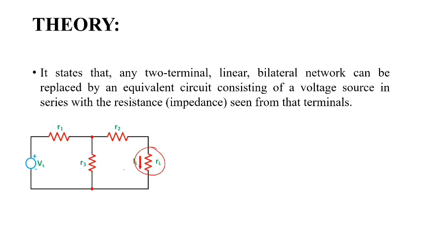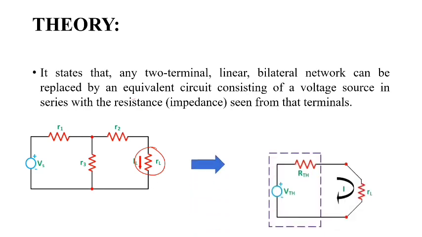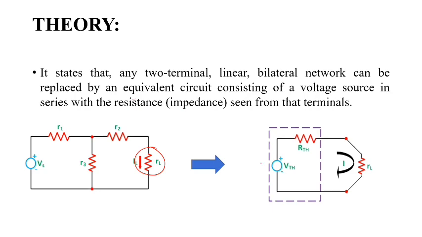So in place of solving this circuit, what we are going to do is replace this circuit with a simpler circuit which would comprise three things. Firstly, a voltage source, a resistance in series with it, and our original load resistance. So what was the use of replacing this circuit with this simpler circuit?